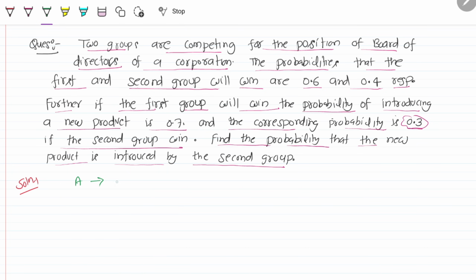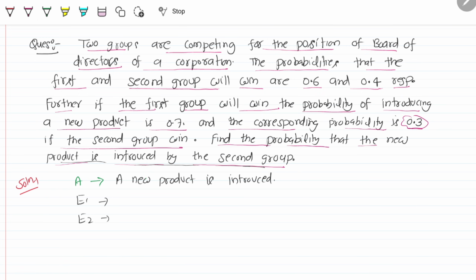I will write: a new product is introduced. Then how to decide E1, E2? From the last line, the new product is introduced by the second group.